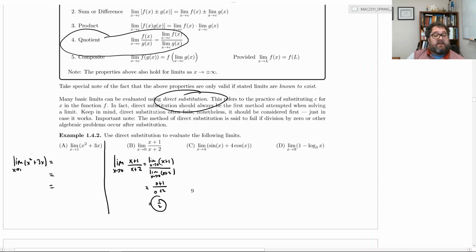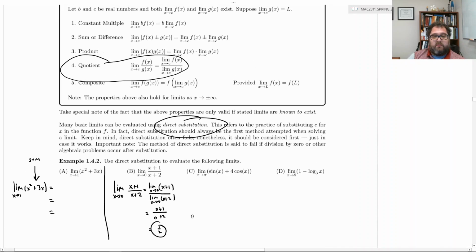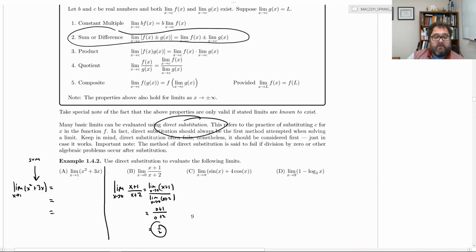Okay, here, let me back up and do example A again to show the property that's necessary. Technically here, we have the sum of 2 functions. So we're going to use the sum or difference rule right here, specifically the sum version, the addition version. This says we take the limit of those 2 terms individually and then add the results.